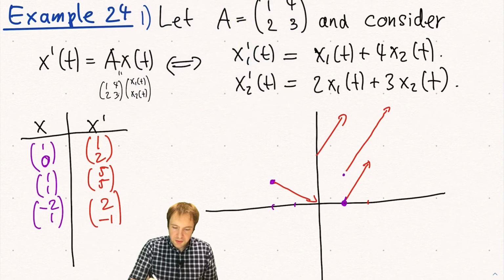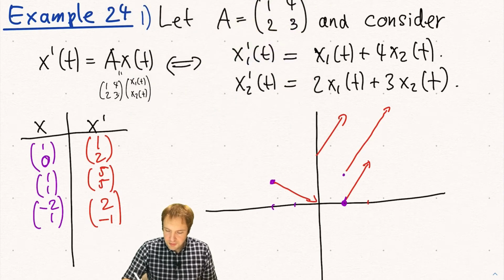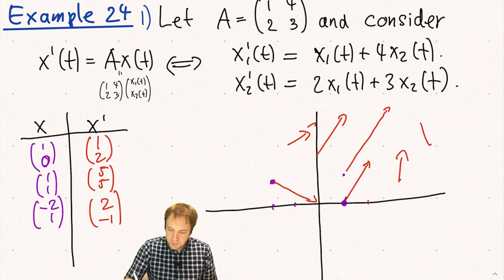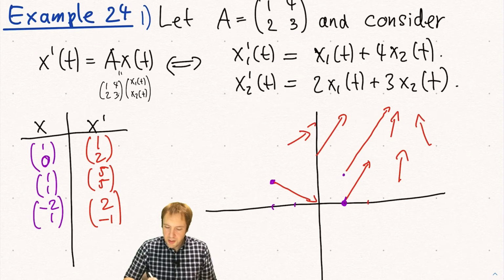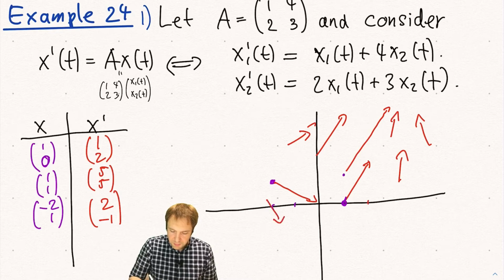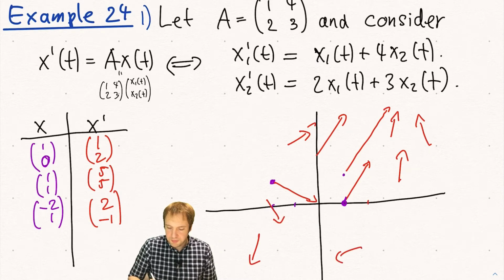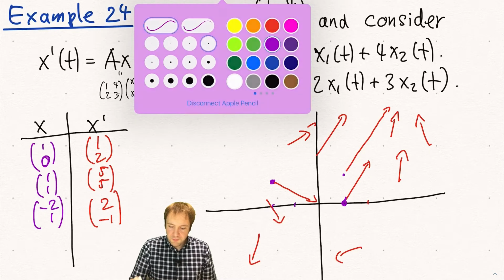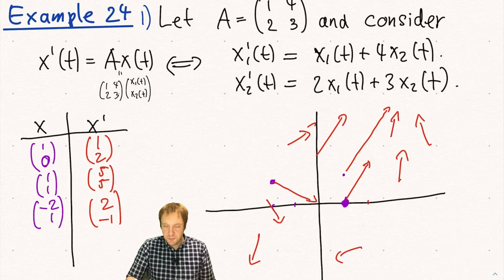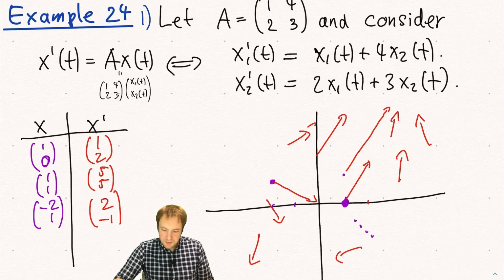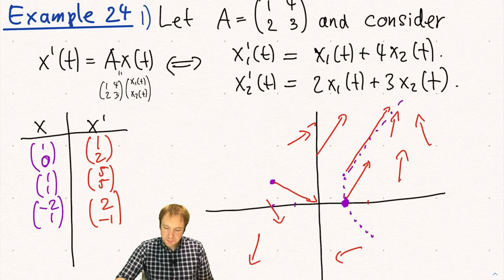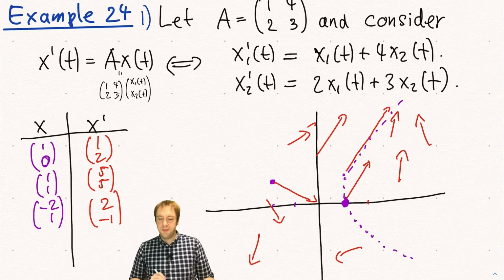And then you can do this for each point here, and you will get different arrows like this. And we will later see that this will look something like this. So this means that if we have a solution, for example, which goes through this point, then maybe a solution will look something like this.